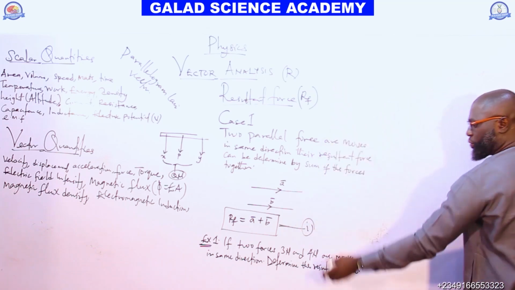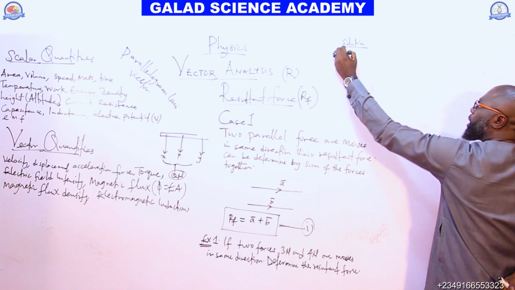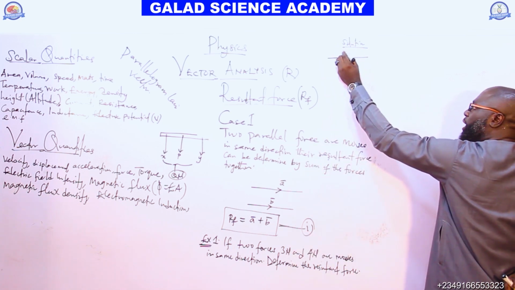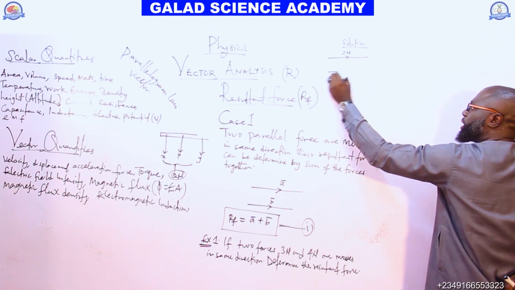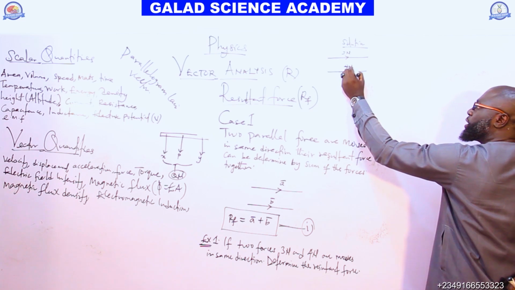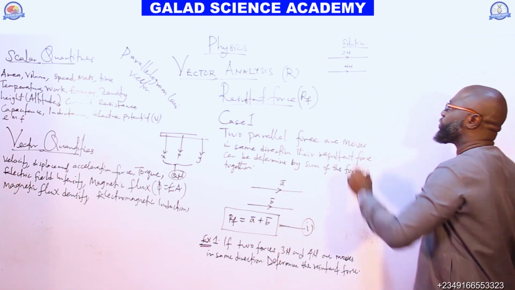Now, solution for this. The first force we have here is 3 Newton. The second one we have is 4 Newton. They move in the same direction. We are now asked to find the resultant force.